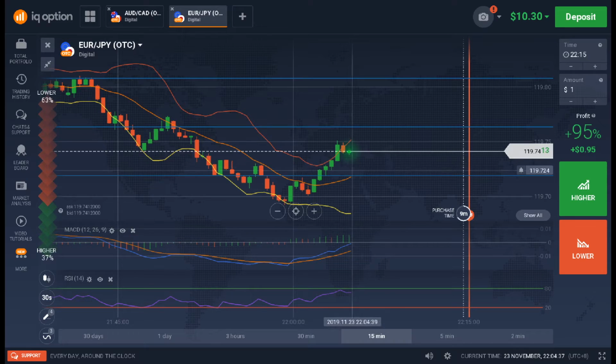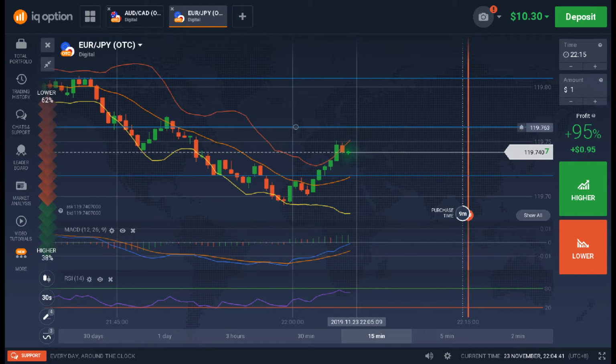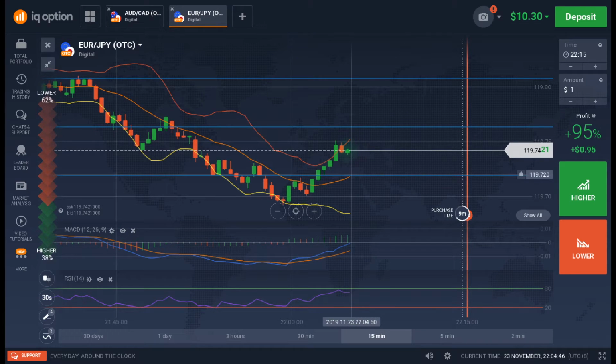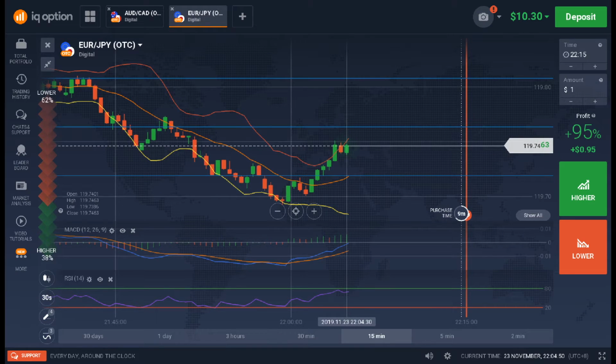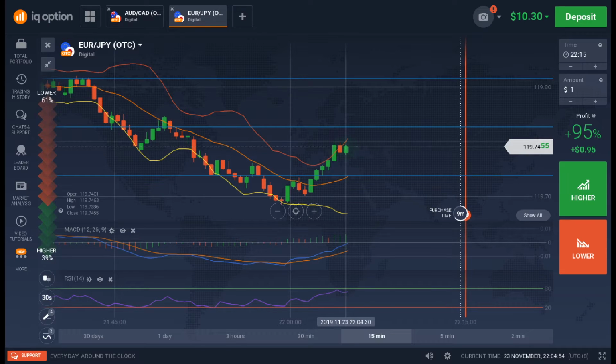So I have a feeling this will still reach this area, but if it will go down, I'd wait for it to reach the blue line over here, which is our MA20 line. I mean the orange line.